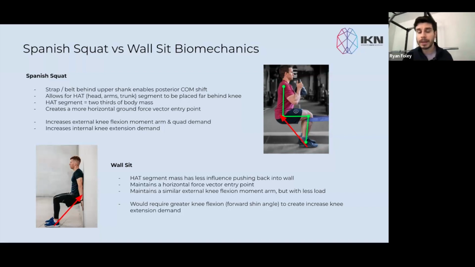Okay, so hopefully that made sense. Again, I think it helps to have a greater understanding of the biomechanical features underpinning certain tasks, so that we're more clear on how we're manipulating things to constrain demand into certain muscular tissues, but it also gives us the opportunity to adjust and modify things if the client's not feeling it where they should feel it, or if the client's not experiencing that demand.